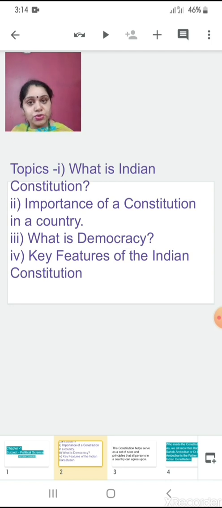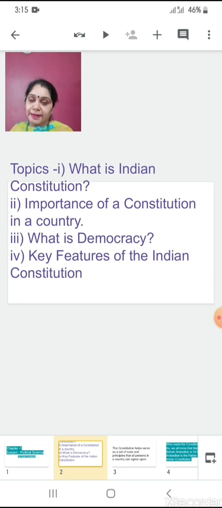According to the constitution, the rules, the regulations, the amendments, the acts, the rights as well as the duties which are mentioned, every citizen of the country, it is not about India only, if it is the constitution of any country, let it be India, Nepal, Australia, America, whatever the constitution of a country prescribes, the citizens of that particular country have to abide by it.